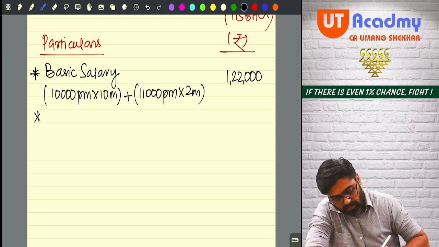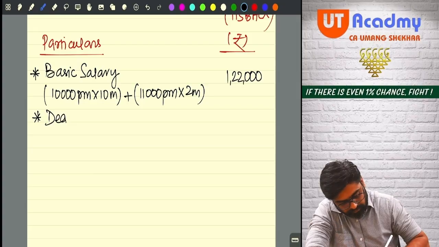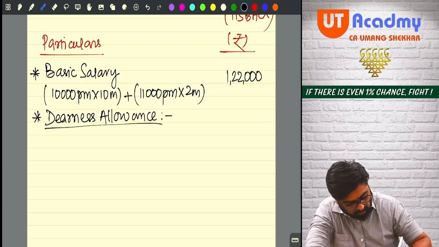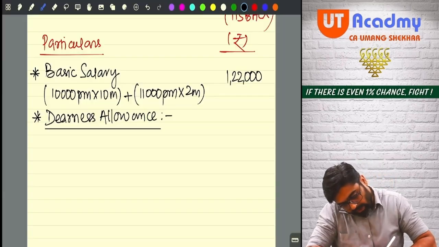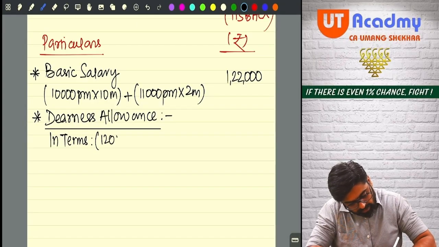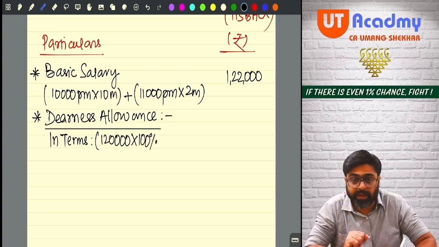Now next one is my dearness allowance. Now dearness allowance is 100% of basic, no? So can I say dearness allowance is given in terms as well as not in terms? So whatever is my basic, 100% of that is DA.